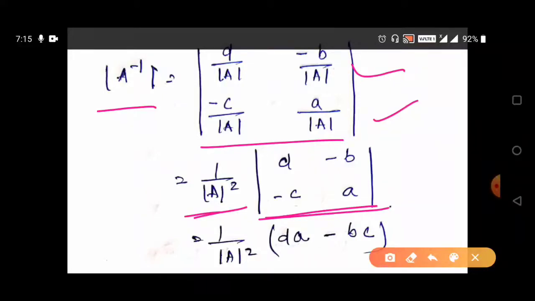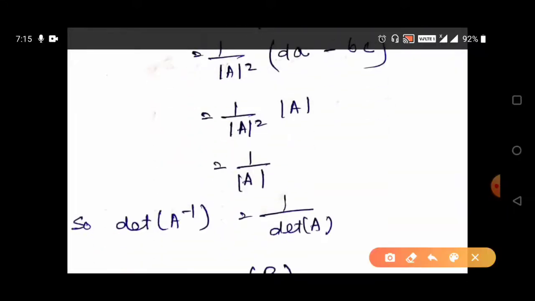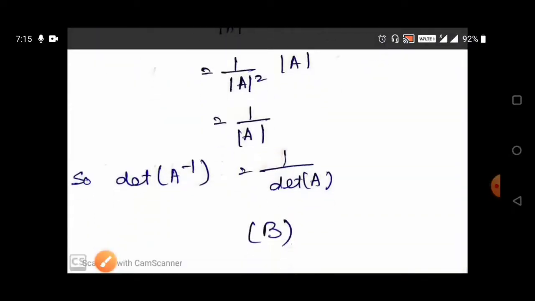Now we can do it like da minus cb. So this is determinant A. From here we can cancel out determinant A, then it will become 1 by determinant A. So determinant of A inverse is equal to 1 by determinant A. So the answer will be option B.